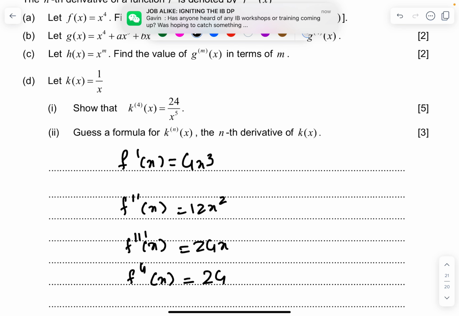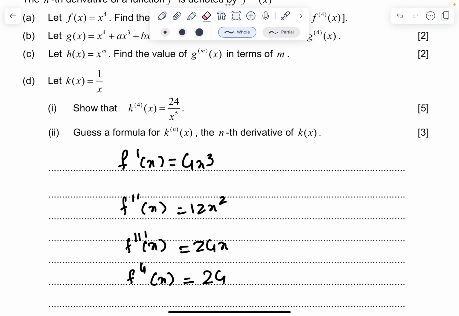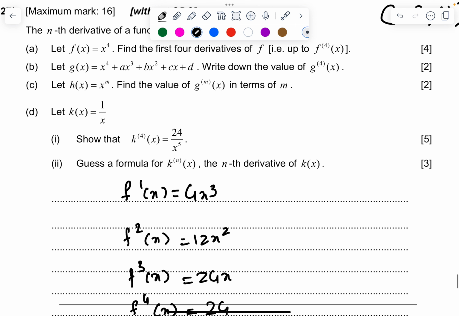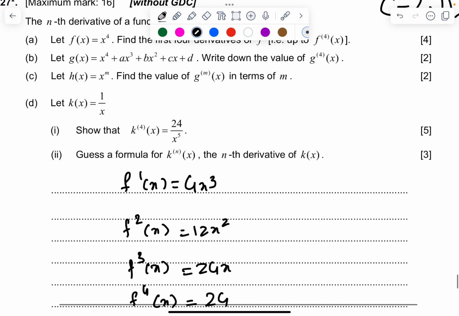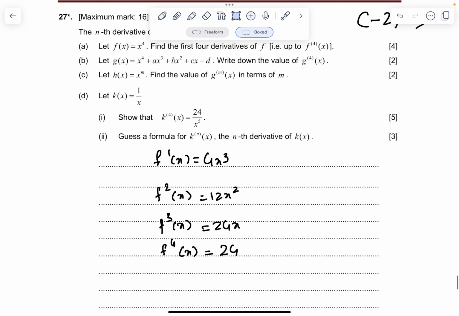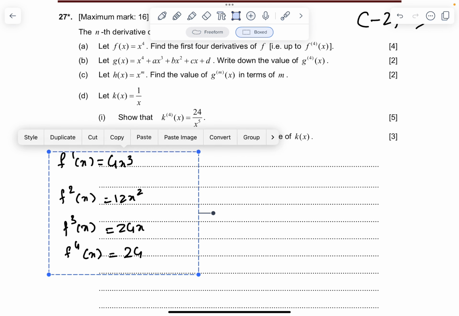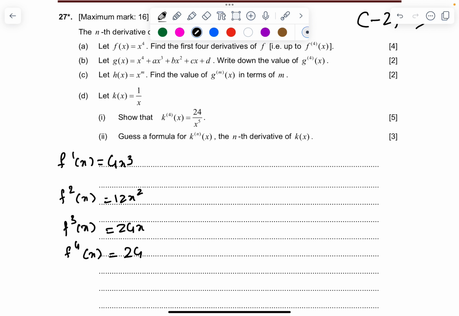So we can write the fourth derivative also like this, along with the first derivative, second derivative, and third derivative. Now g of x is given, write down the 4 derivatives of this. So the first derivative is going to be 4x cube plus 3ax squared plus 2bx plus c.